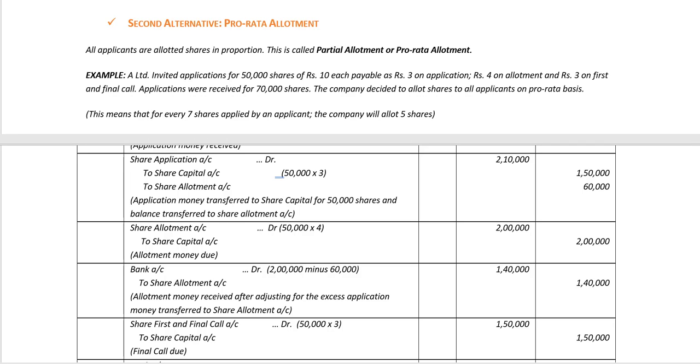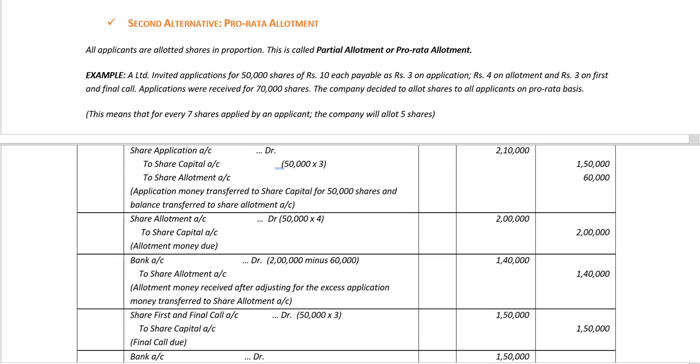This is the amount that we should expect the shareholders to pay, because there's already been some amount from application which has been transferred to allotment, 60,000 rupees. So the amount ultimately paid by them will be 1,40,000 rupees, 2 lakh which is due minus the 60,000 rupees.